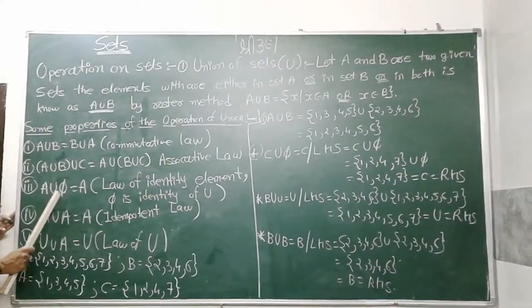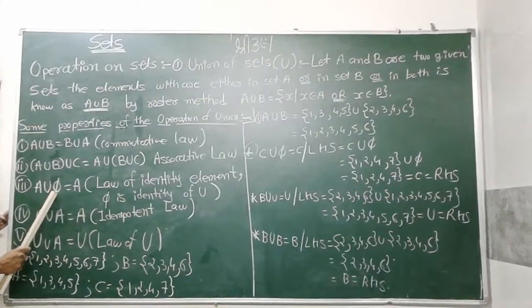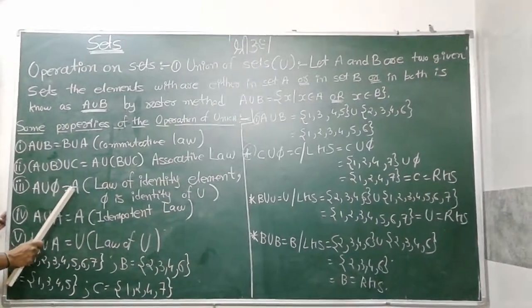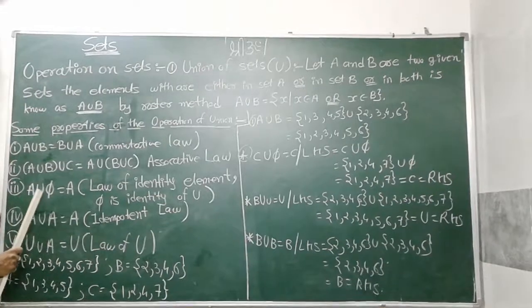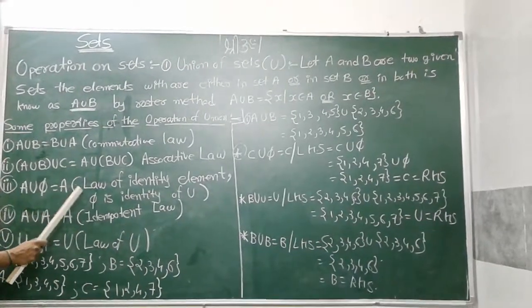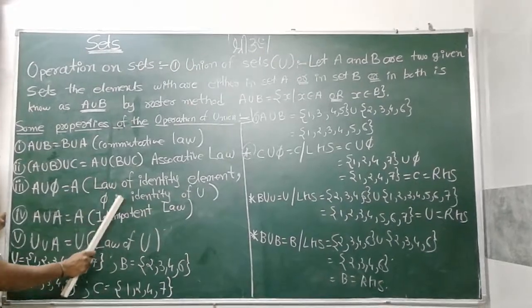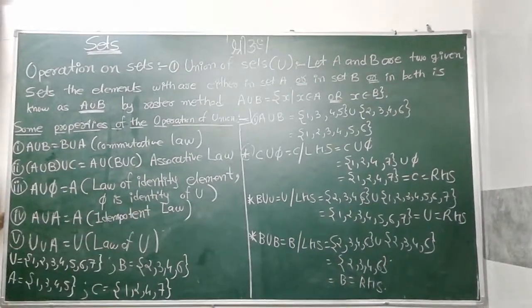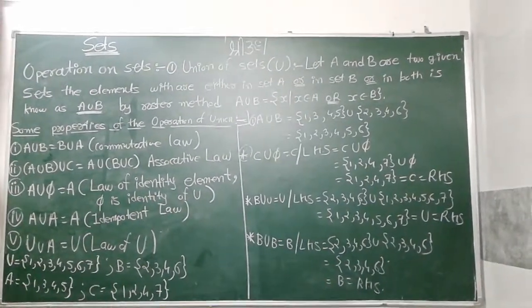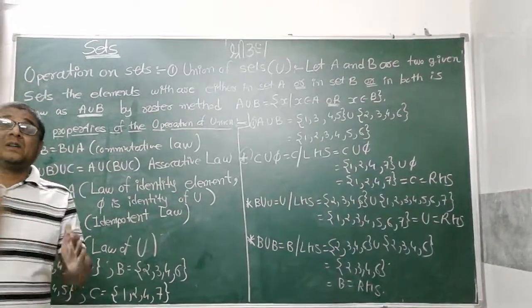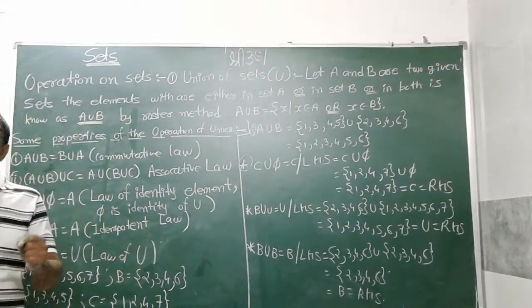Now A union null set, read as phi, is equal to A. So we say that A union phi is equal to A. That is known as the law of identity element, otherwise phi is the identity element over union. In the same way, in addition the identity element is 0 and in multiplication the identity element is 1.